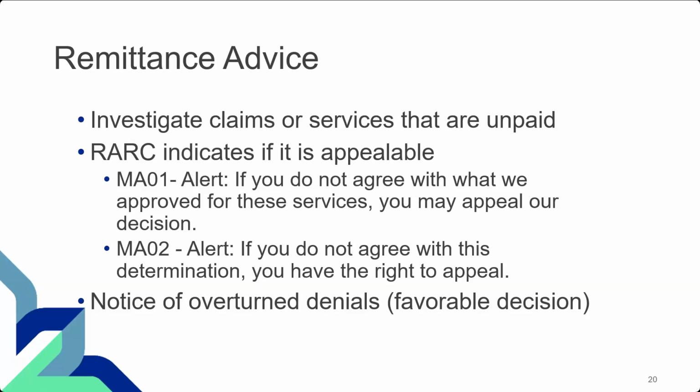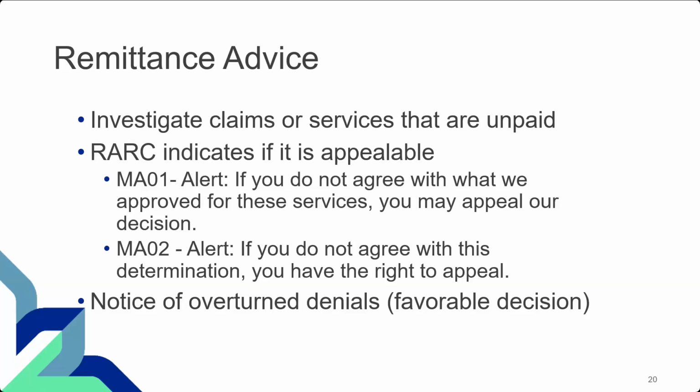If the redetermination decision results in payment to you, so you have a favorable decision, you got a denial, you appealed it, it was overturned, you're going to receive a remittance advice that shows that the claim was reprocessed and Medicare allowed payment.